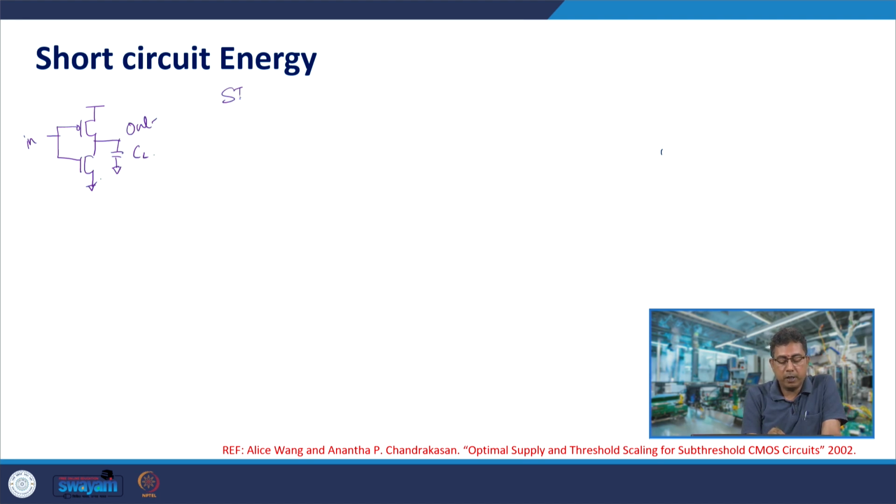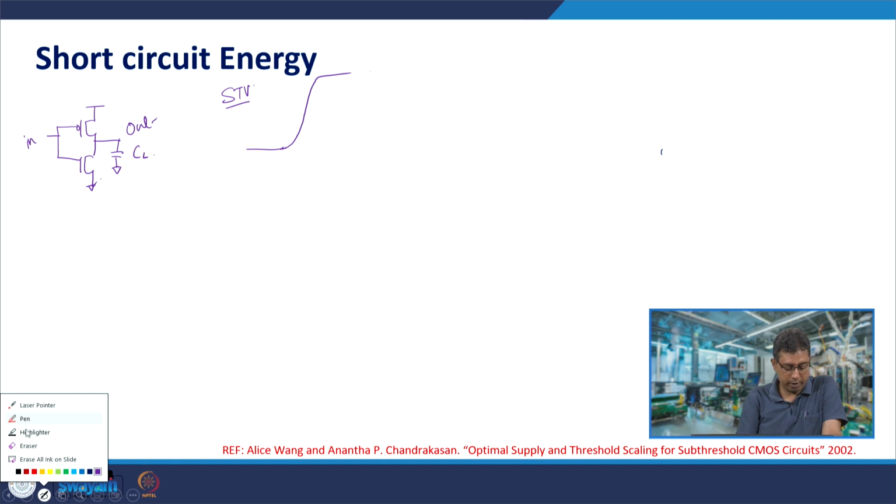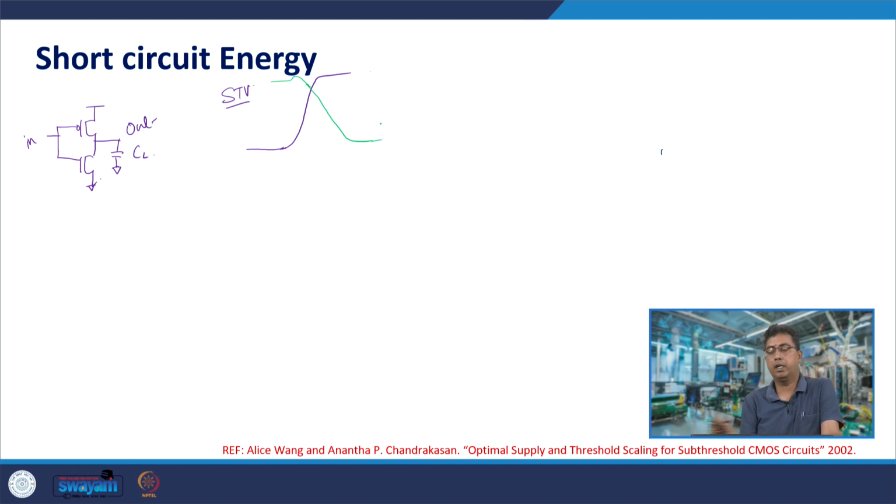In super threshold or nominal voltage operation, if you have a rising input, the output would behave, in a well designed circuit, such that a significant discharge of the output would happen within the time duration when the input is rising. Whereas, in near threshold voltage operation, the currents increase exponentially with Vin.